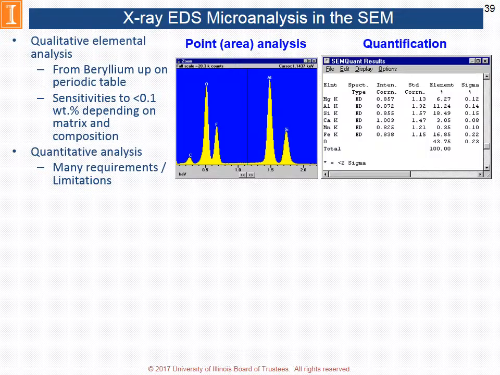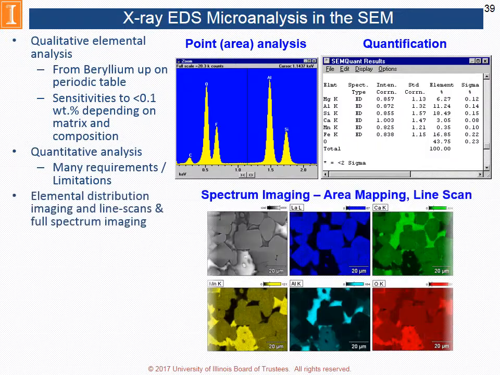We can also do quantitative analysis, although there are many requirements and limitations. Also, we can do spectrum imaging, area elemental mapping, and line scans.